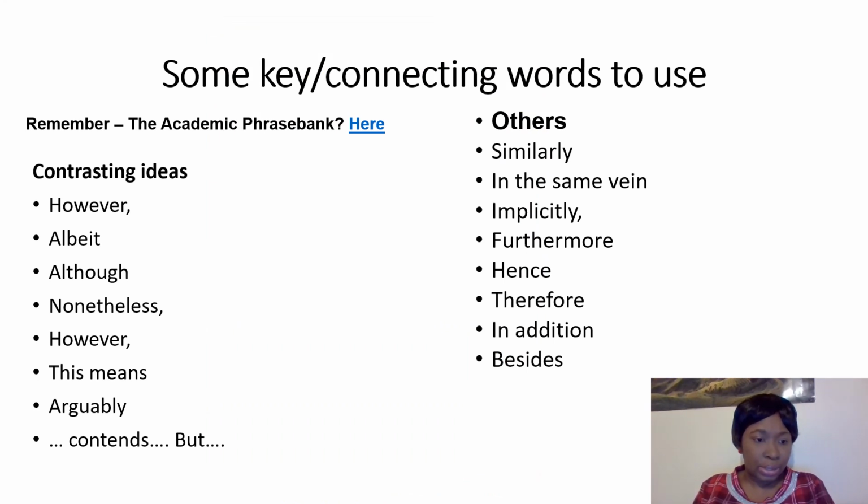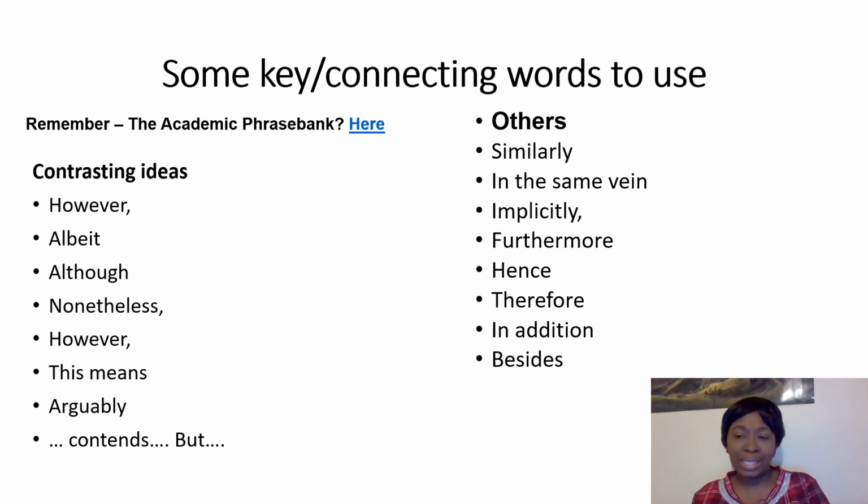Now there are certain keywords that you want to use to have a flow of ideas. You could use words like however, if you're contrasting words or ideas, albeit, nonetheless, arguably, this person contends.